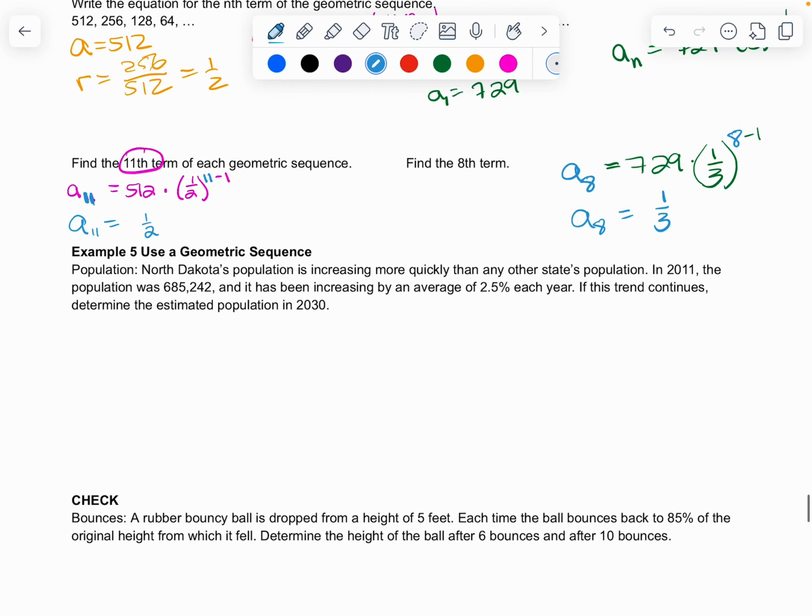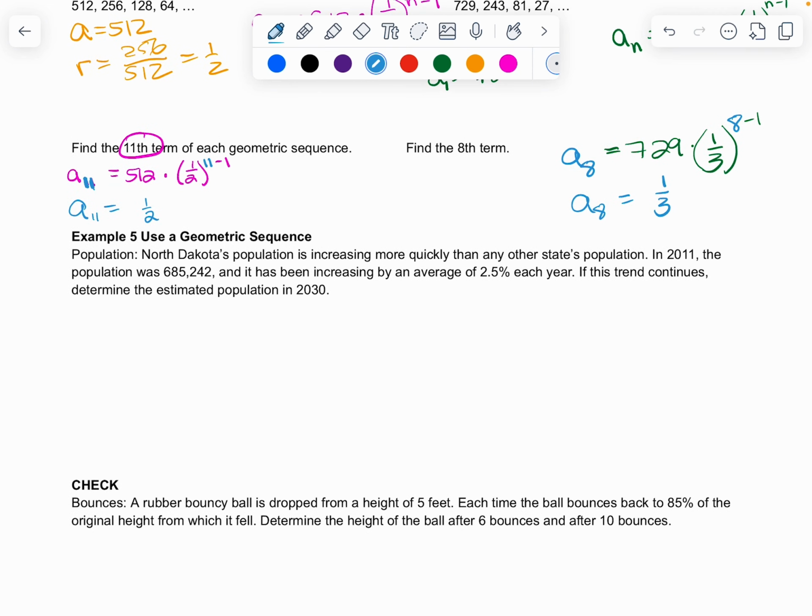Okay, so next, we're doing the population of North Dakota is increasing more quickly than other states. In 2011, the population was 685,242 and has been increasing by an average of 2.5% each year.